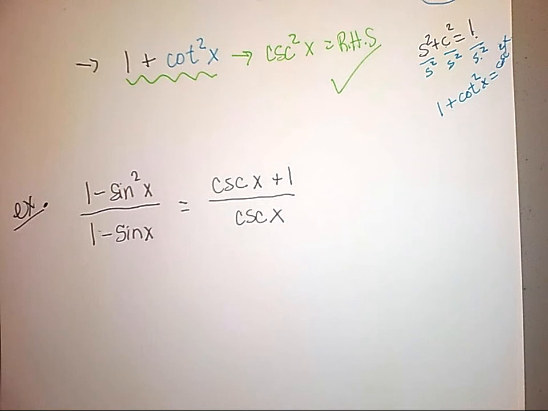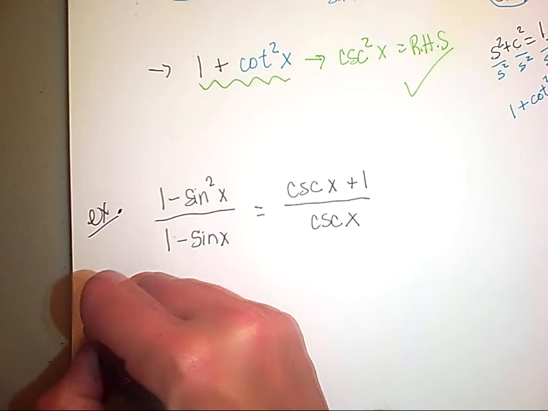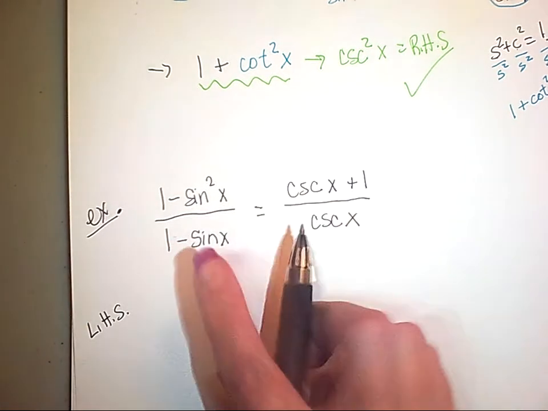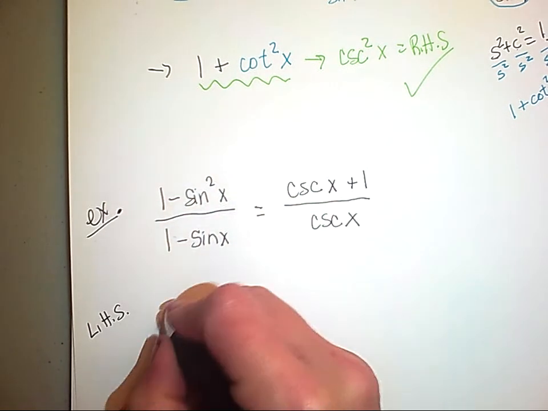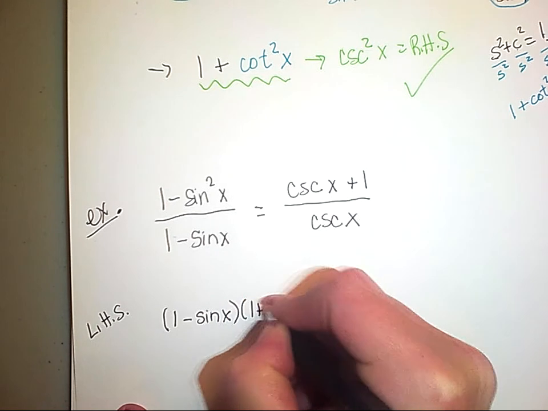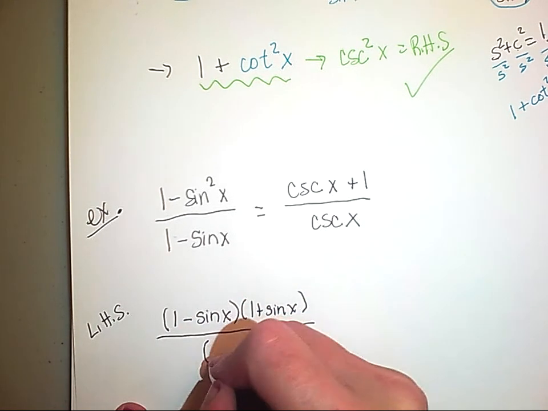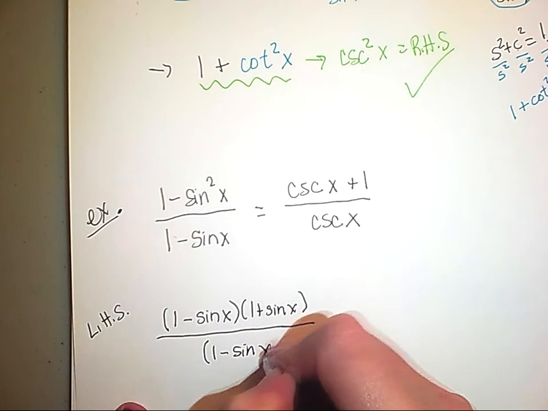Now when you're doing these, it's up to you to pick which side you want to work with, and sometimes you can work with one side and then change your mind and do another one. So for example, let's say I decided to work with the left-hand side. I might want to work with that because 1 minus sine squared will factor into 1 minus sine times 1 plus sine, over 1 minus sine.